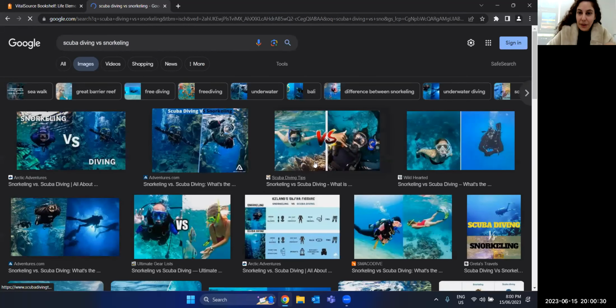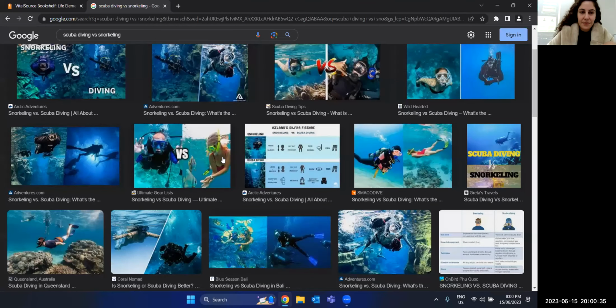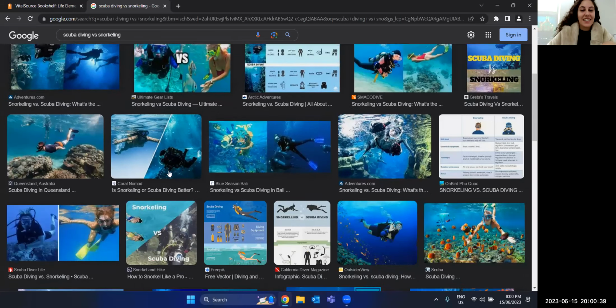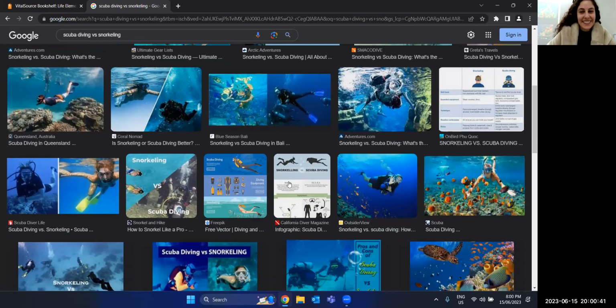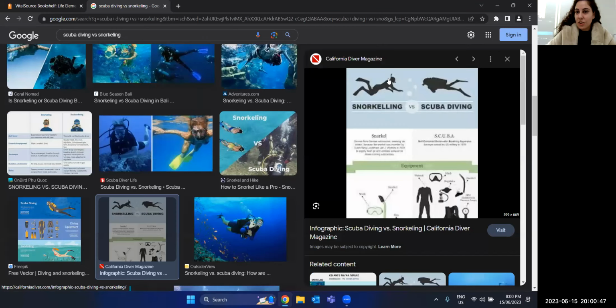Is it the one deep under the water or just above the water? I like this one too. Good. Maybe an excursion in the summer. So they're a bit different. Snorkeling, you stay above the water, but scuba diving, you go deep into the ocean. Yeah, I like it. I did scuba diving before.